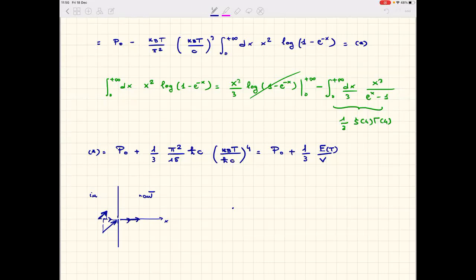So if I want to estimate the flux that gets out from this hole, it's essentially the energy per unit area and per unit time. What I do is multiply the energy density by the average velocity in the perpendicular direction.